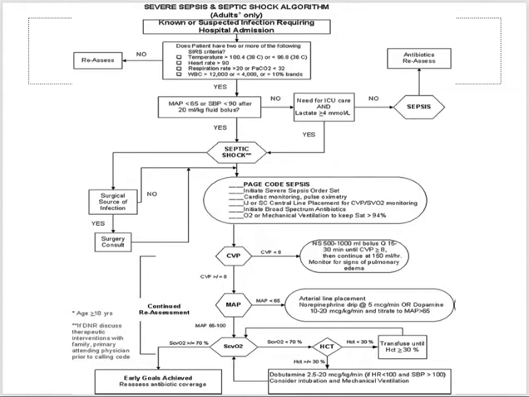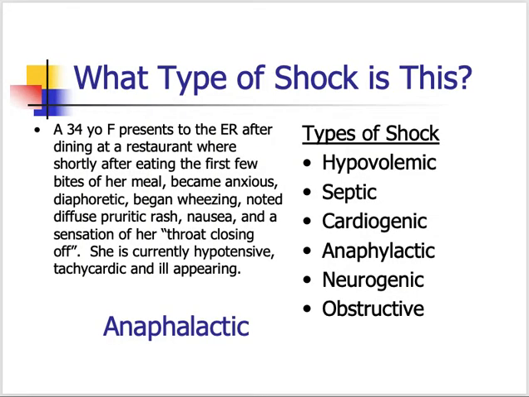other than that, one of the things is anaphylaxis, which is also a type of distributive shock. And you can see a 34-year-old female presents to the ER after dining at a restaurant, where shortly after eating the first few bites of her meal she becomes anxious, diaphoretic, begins wheezing, noted diffuse pruritic rash, nausea, and sensation of her throat closing off. She is currently hypotensive, tachycardic, and ill appearing.